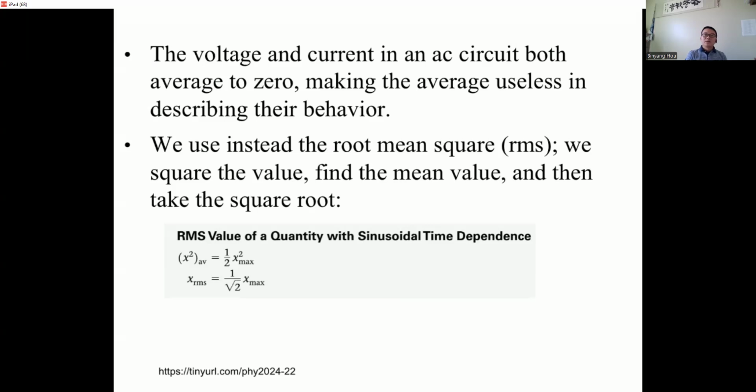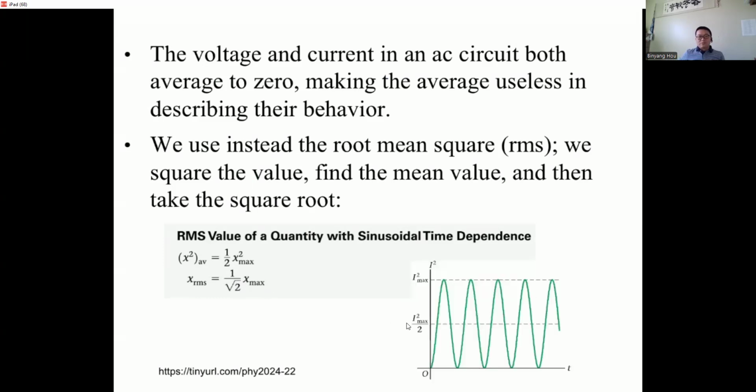For the root mean square quantity, you square them and then take the average. That is actually equal to half of the maximum squared, and then you take the square root. You get 1 over square root 2 of the maximum. So the root mean square quantity is equal to the maximum divided by square root of 2.